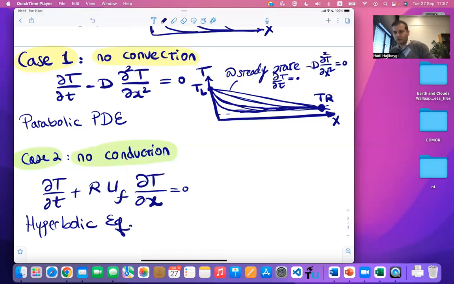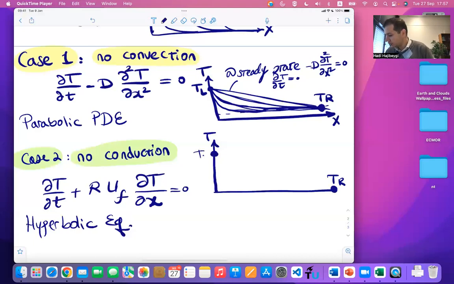It's like a wave equation, which means if you had the same sample and you had the temperature at a higher value versus initially fixed at a small T, frozen there, the high temperature value would move in your system with sudden drops.